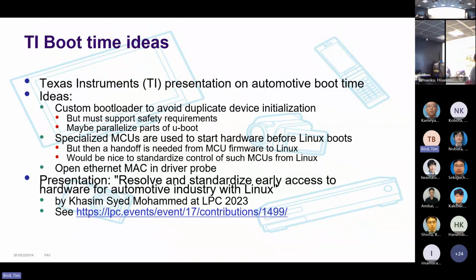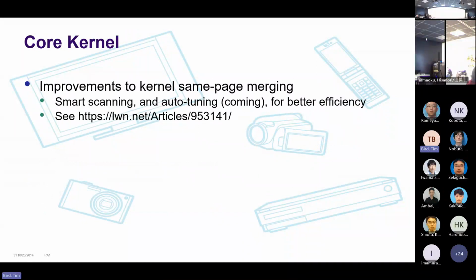They talked about a couple of different techniques, a custom bootloader, and then one of the big problems is that a lot of specialized MCUs, microcontrollers, are used to start hardware before Linux boots. But then you need some kind of handoff. They're saying it'd be nice to create some standards for how that handoff occurs to make it more performant. There are a lot of good ideas there.